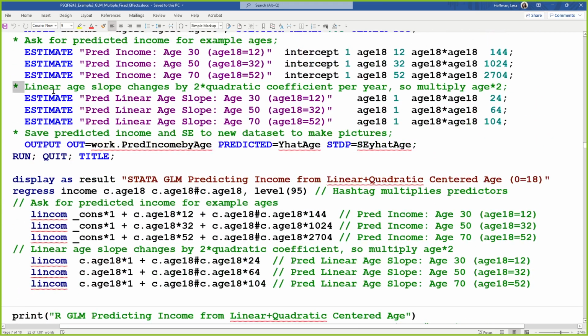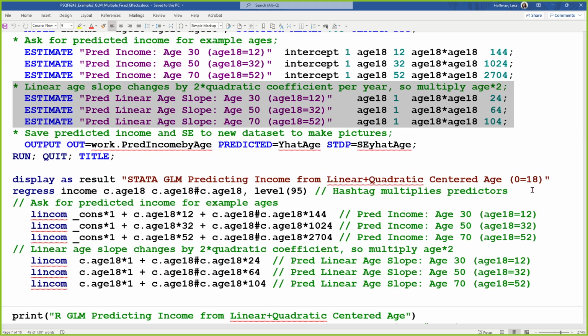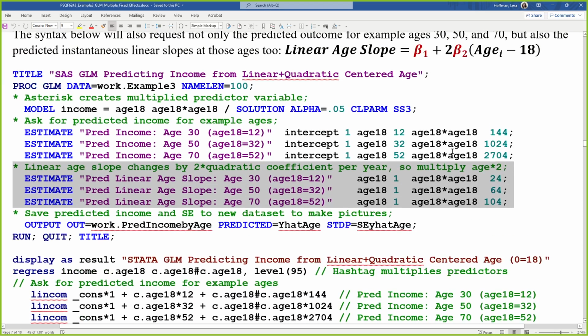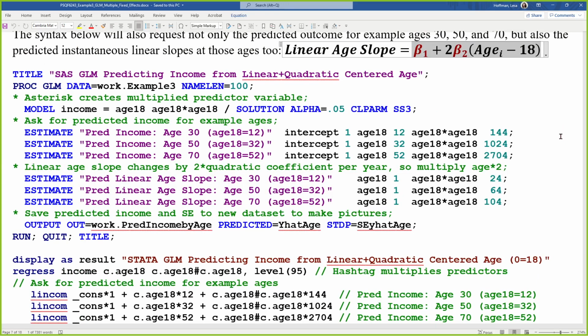The second set then are instantaneous linear slopes at particular ages. So what is the slope predicted to be at later ages? You can ask for this, and the way that these statements are formulated is right here. You start with the linear slope multiplied by 1, and then you need 2 times the age that you want the prediction for. So it's 24 here because I want the predicted linear slope at age 30, which is 12 more than 18, times 2 to get 24.